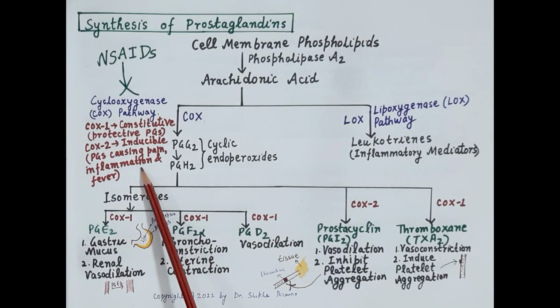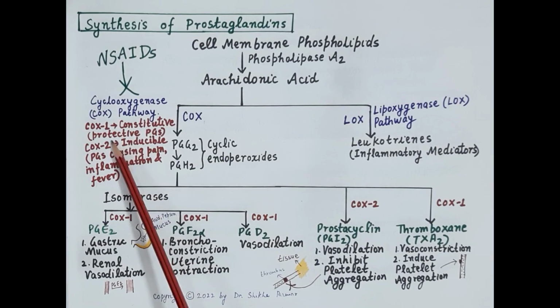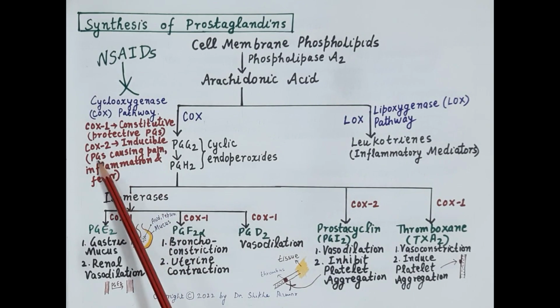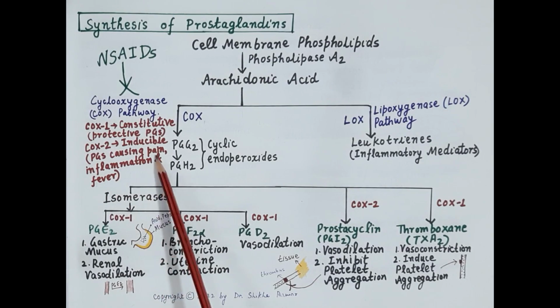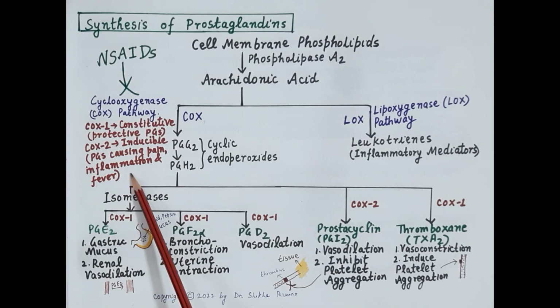However, COX-2 is also protective in organs like the brain and the kidneys. So, in summary, COX-1 mainly produces protective prostaglandins, and COX-2 mainly produces prostaglandins responsible for pain, inflammation and fever.